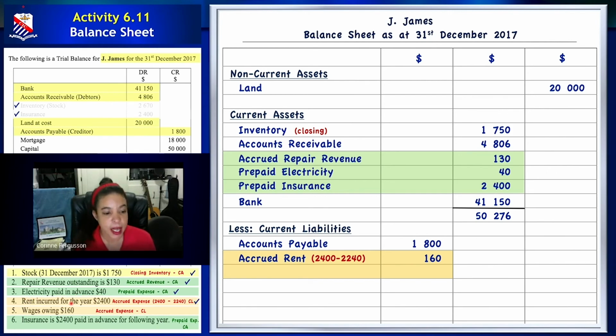Good? And then we have another one, which would be wages owing, accrued expense, which would be accrued wages. And they gave us the amount. How much was owing? 160. So you just put it there. Now, another current liability could be bank overdraft, but you see that we have bank account already, and there's no other current liability.